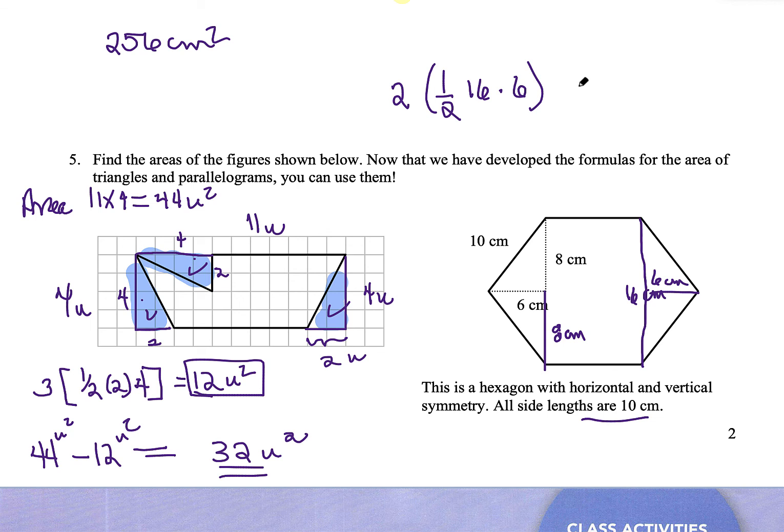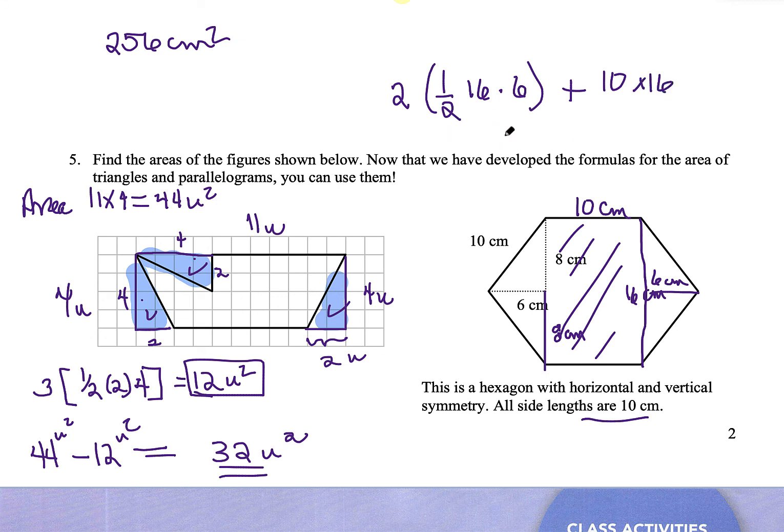And then we have to add in, remember we are told that each one of the sides are 10 centimeters. We've got a rectangle in here that has a width of 10 and a height of 16.